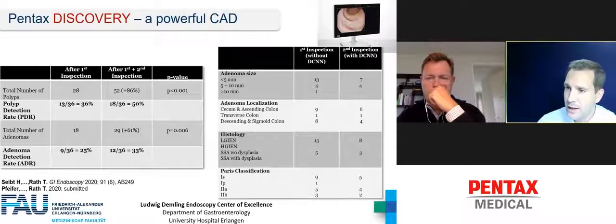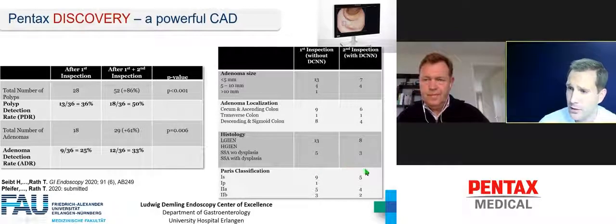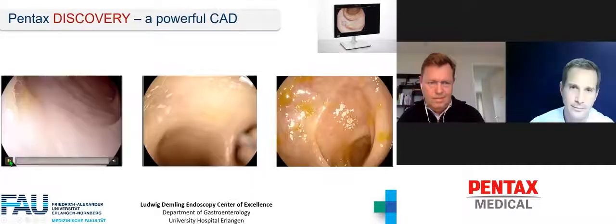And as you can see here, and this is the most remarkable result, at least to me, we had 3 SSAs that were additionally detected with Discovery, but not with HD white light during the first inspection. And this corresponds also to the morphology here. More than 50% of the additionally found lesions were indeed of flat morphology, Paris 2A to B.